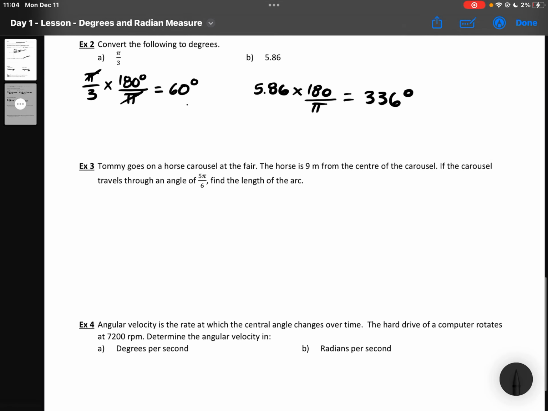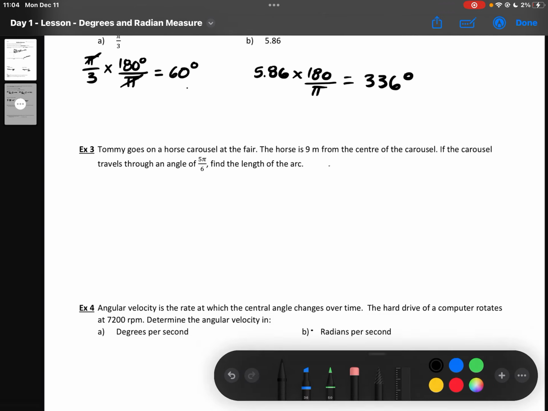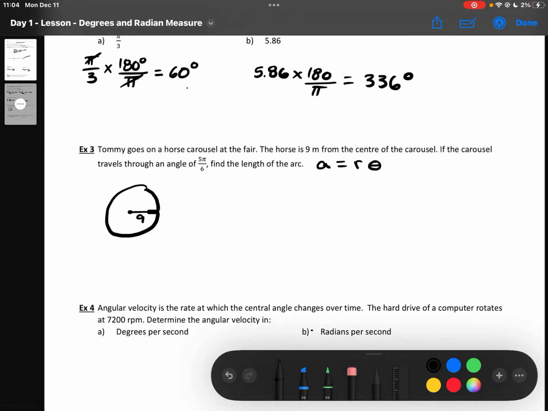The next question is about measuring the arc length. So the arc length, which we denoted as A above, so we'll say A, is going to be the radius times the angle that it passes through. So the horse carousel goes around like this. Horse is 9 meters. That's our radius.